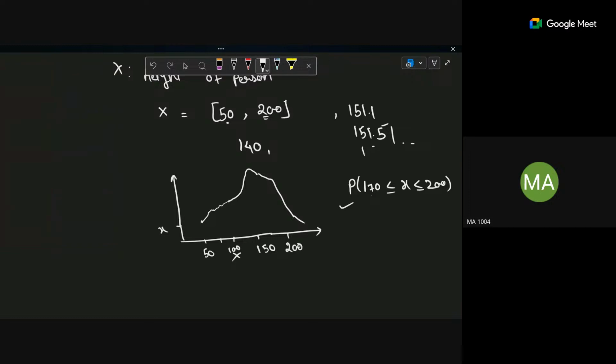You can calculate this probability very easily, right? You know how many people you have measured the height for, and how many people lie in this range, and you can easily say this is the probability that a person's height lies between 170 to 200. But with large data, how is it possible to come up with it?